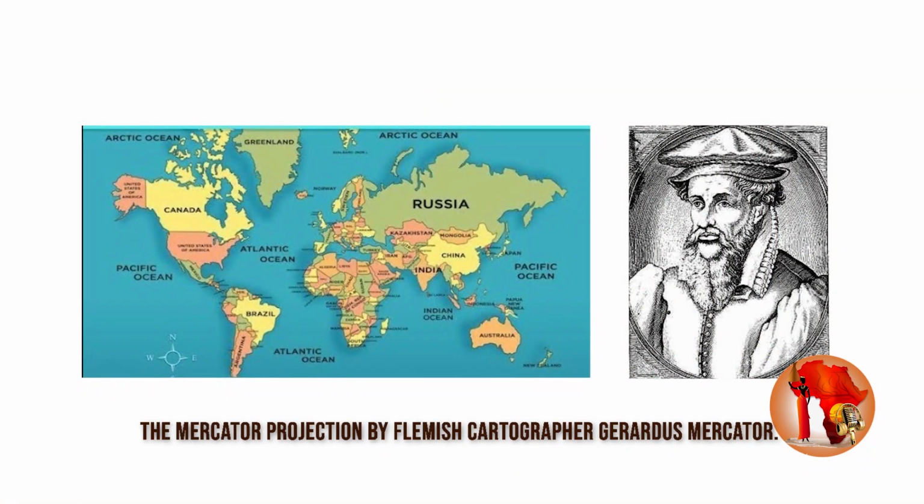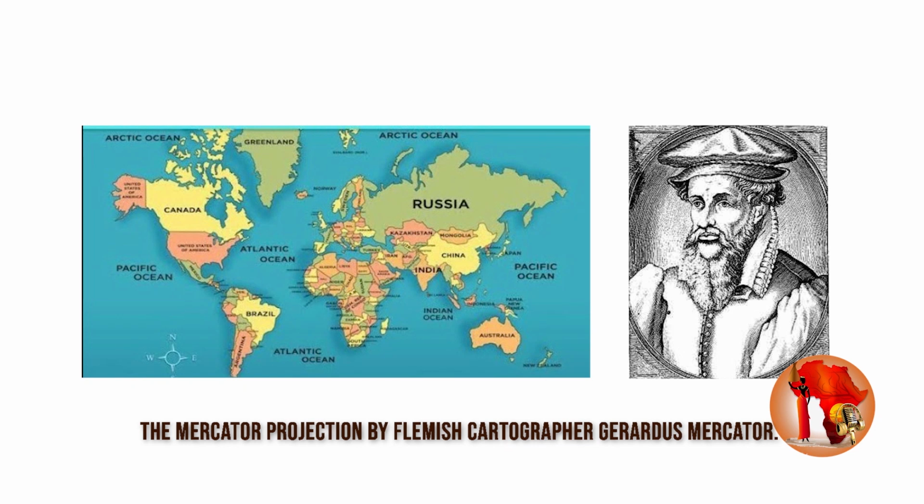Then we have the recent cartographies, maps. In recent times, we have different maps that have been used, but one of the greatest ones that has brought in a lot of confusion is what we are calling the Mercator projection.